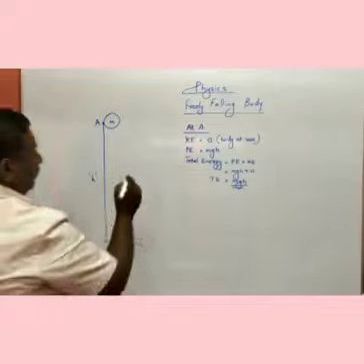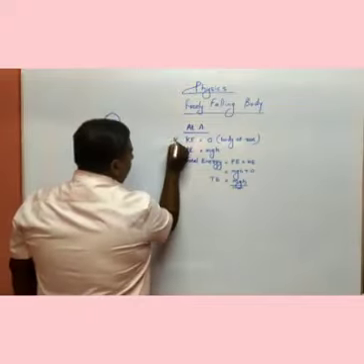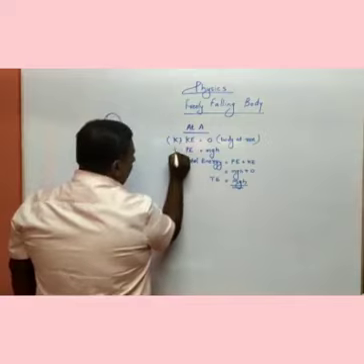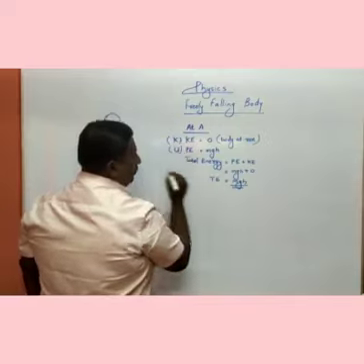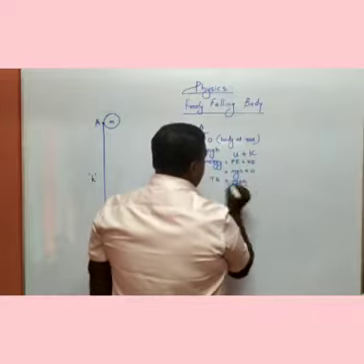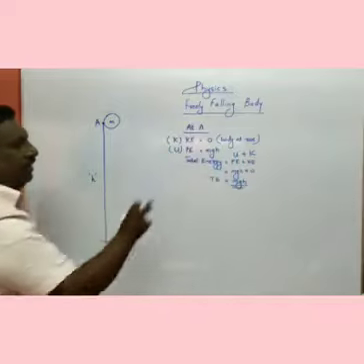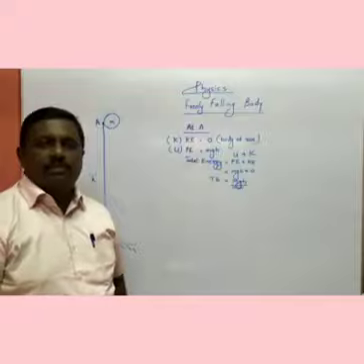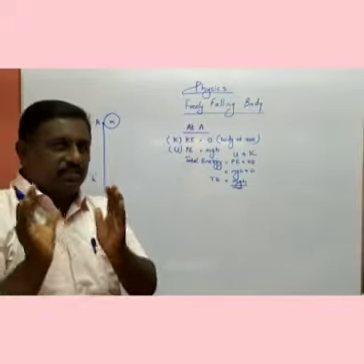That means we can write the symbols K and U, capital letter U, that means U plus K. Anyway, you have to understand the total energy will be constant. Okay? That is the first part.